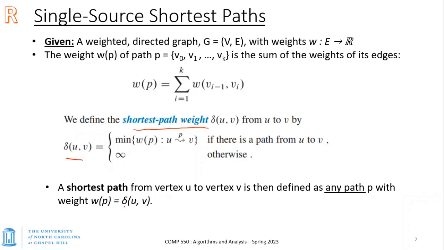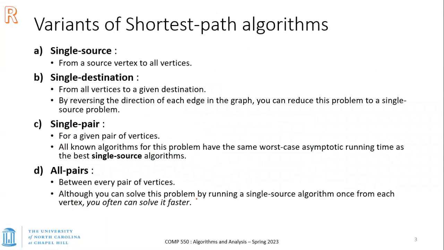And a shortest path from vertex U to V is then defined as any path P which has the weight WP equal to the shortest path weight, right? And we had the following variations. So we've looked at the following three, and we hopefully shall spend some time looking at the all pairs problem.